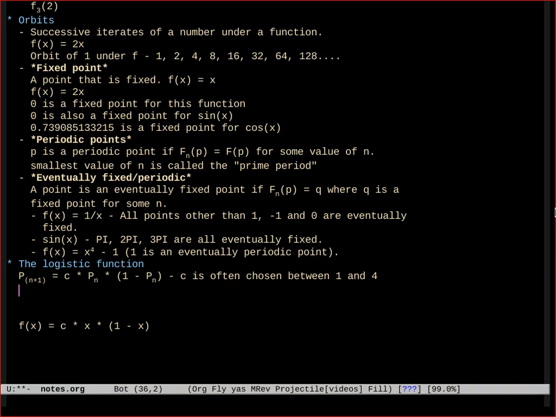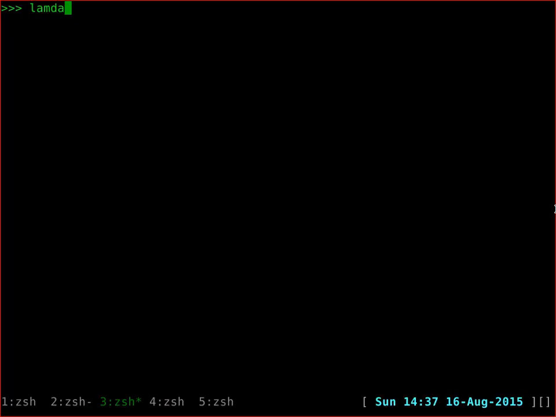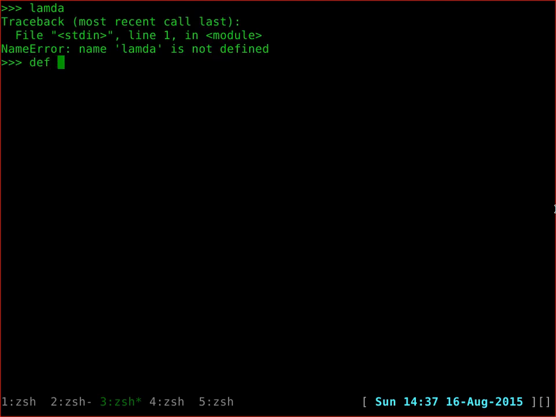Now think about this. Suppose the population is 0, and it'll stay 0. If I were to write this out, let's call it def logistic, and we give it x.